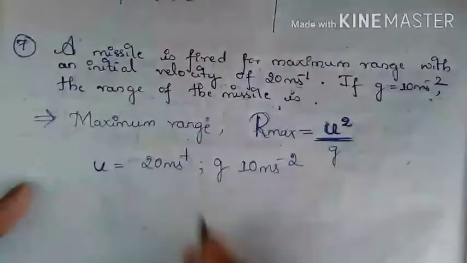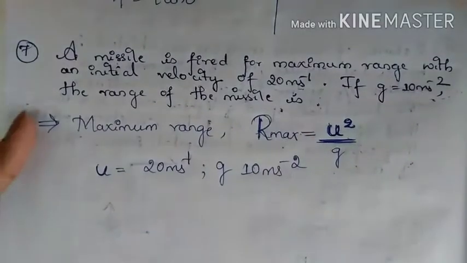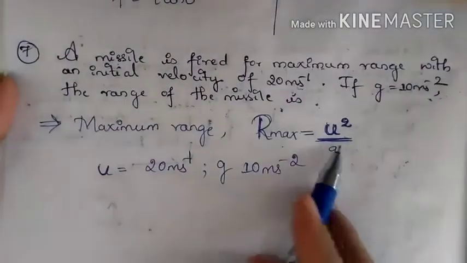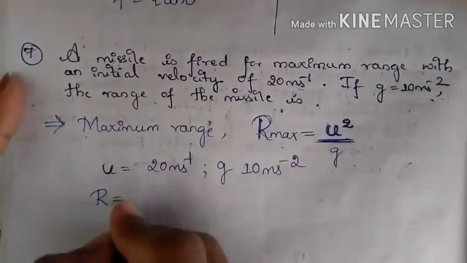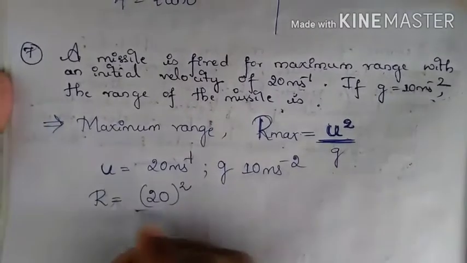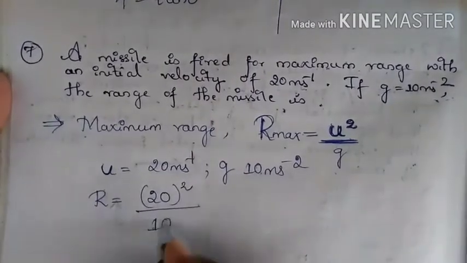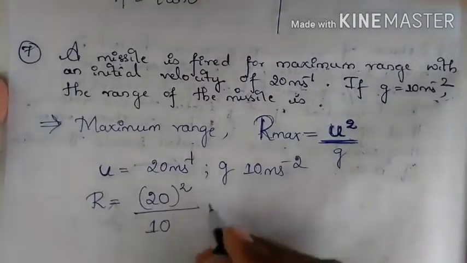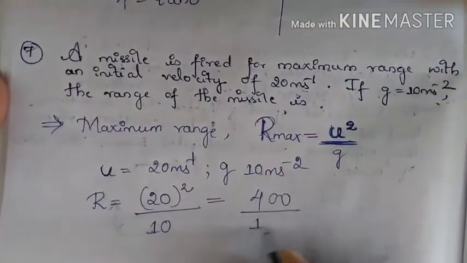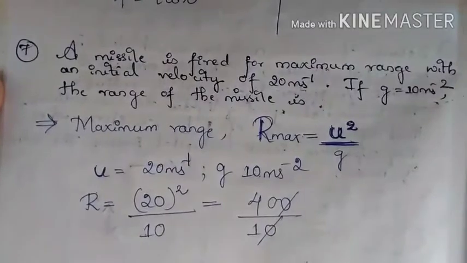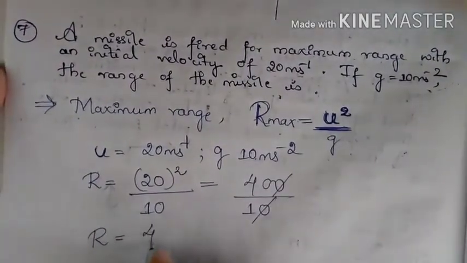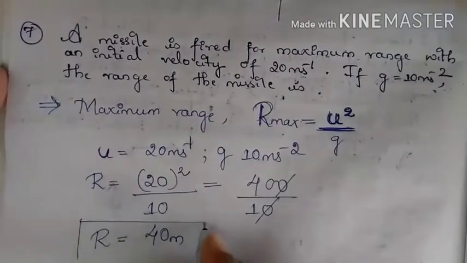If you write this much, they will give 1 mark in the exam. So data and formula. Next, you know the formula. So directly R is equal to 20 square divided by 10. So what you will get, R is equal to 400 divided by 10. 10 and 10 will get cancelled. What remains is R is equal to 40 meters.